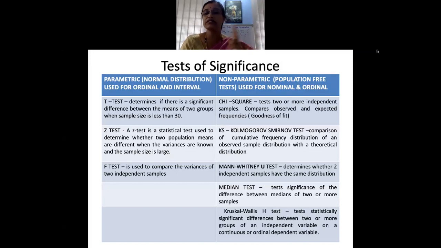Now let us come to non-parametric methods. Non-parametric methods are usually used for nominal and ordinal data. Let us say, for example, as I gave you now: is there any relationship between the income level and the education level? That is your nominal data.